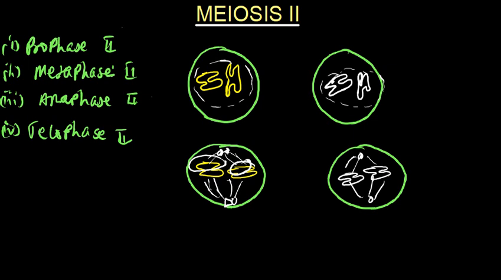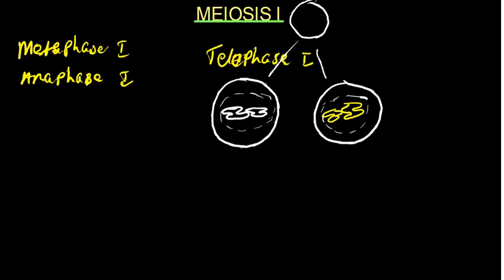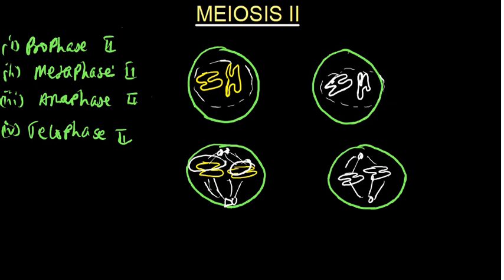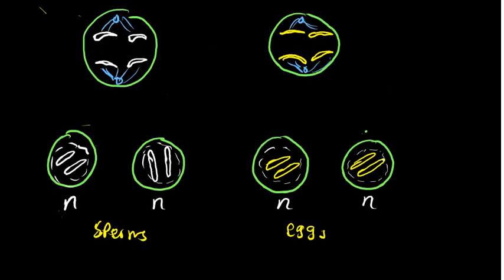What do you think will happen? Exactly. So in human cells, these have got 23 chromosomes. This is standard. This side also has 23 chromosomes.